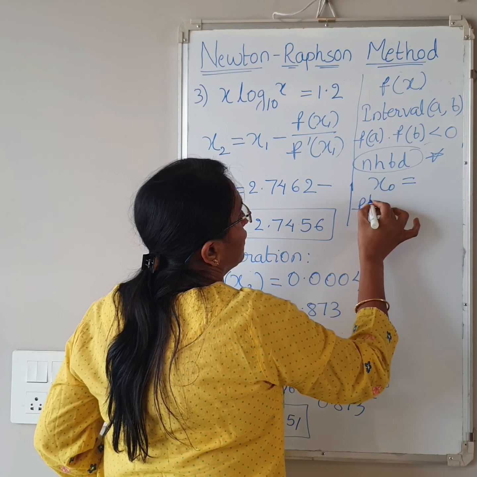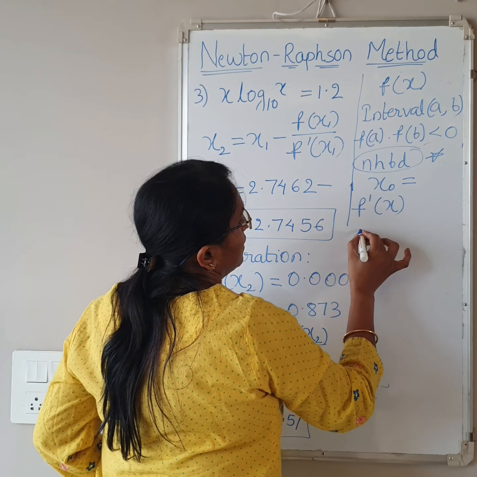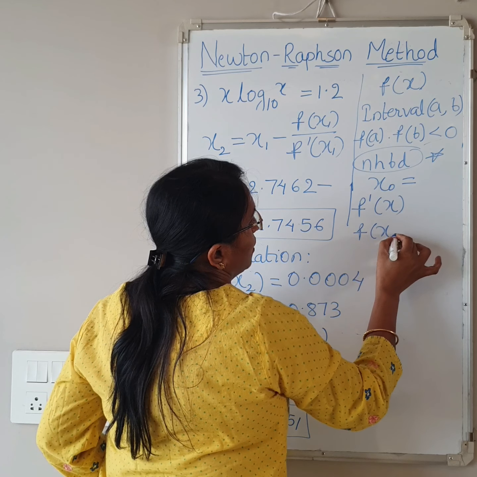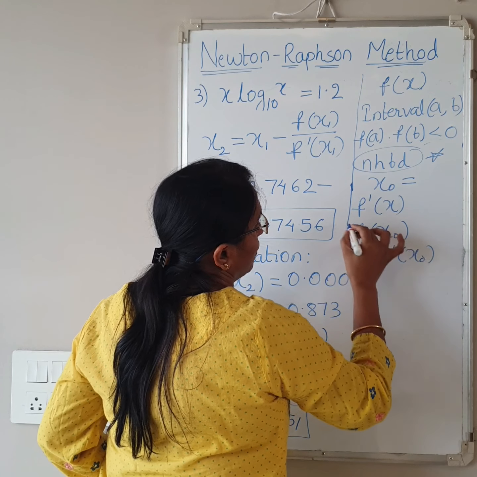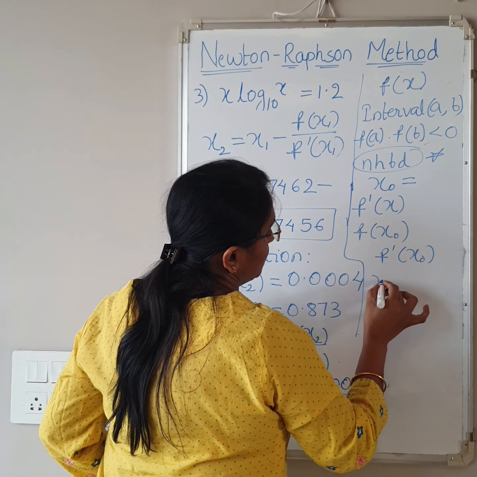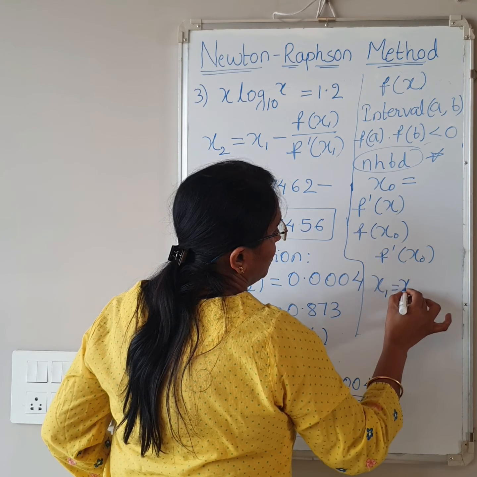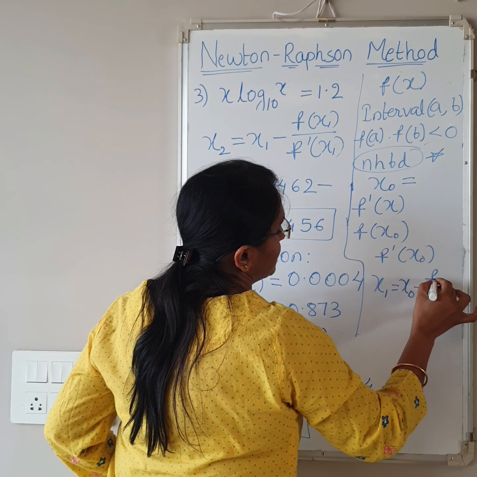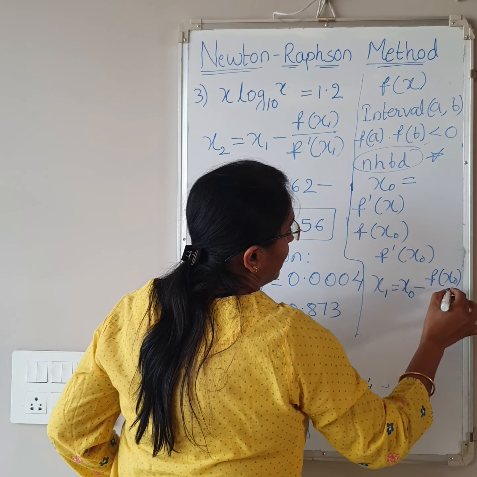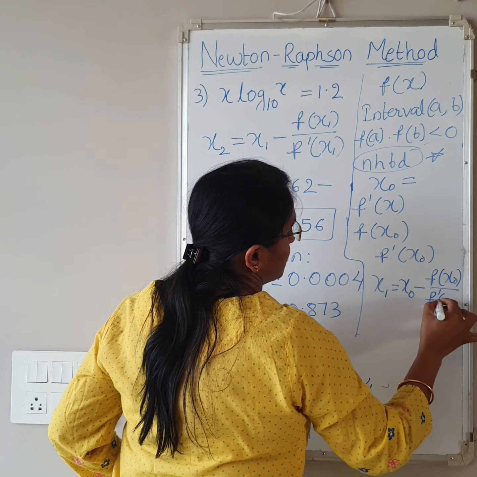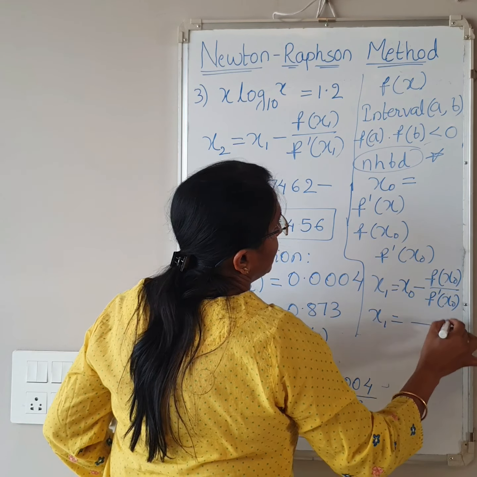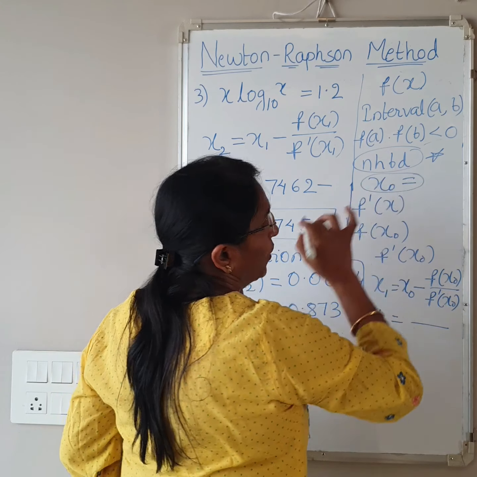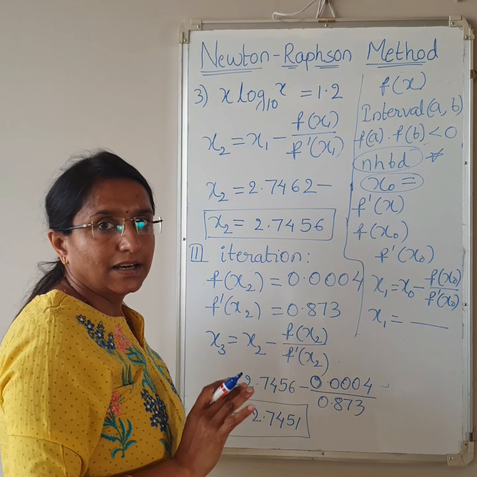Then find out f dash x also. Find f of x0, f dash x0. This is for the first iteration. Then use the formula x1 is equal to x0 minus f of x0 divided by f dash x0. You will get the value. This x1 should be near to your neighborhood point. Then only your answer is correct.